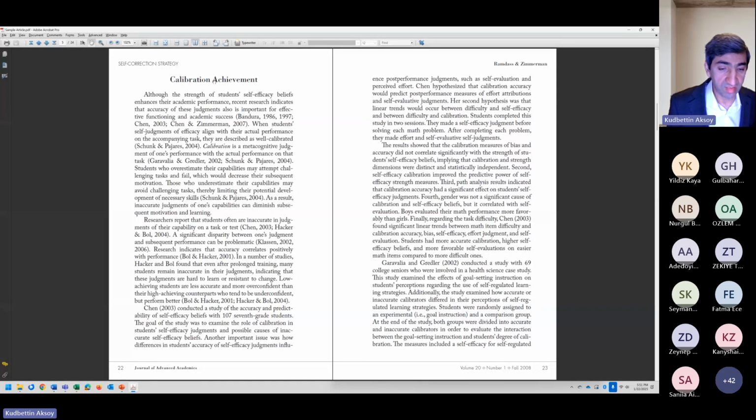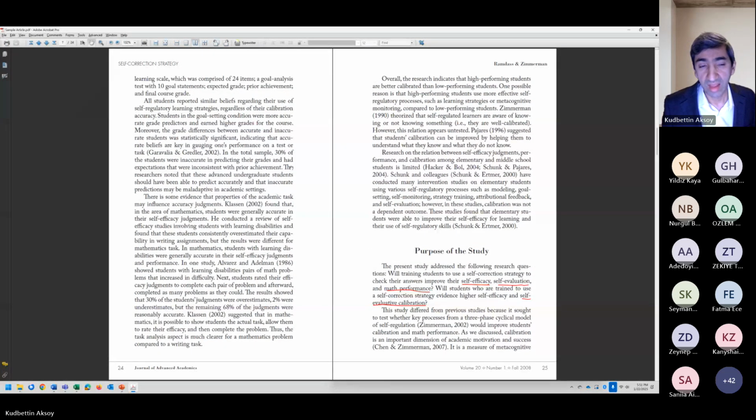A student has high self-efficacy, thinks that they can get an A on a test, but in reality, they are a D. So there is a calibration issue. Bring them closer to the accurate point. That's calibration, and it's theoretically defined in here.